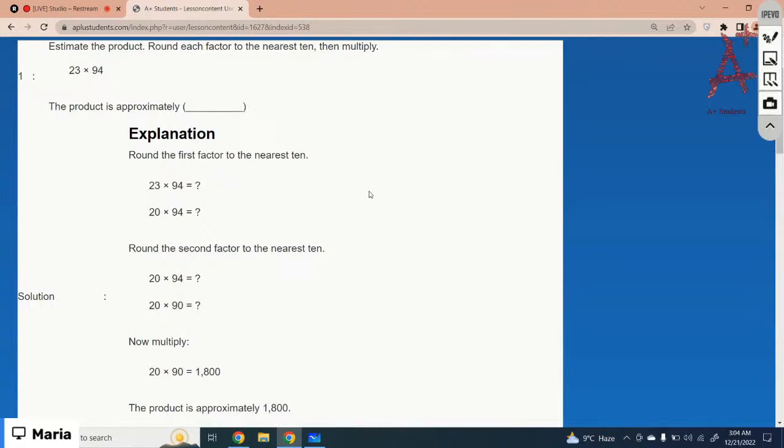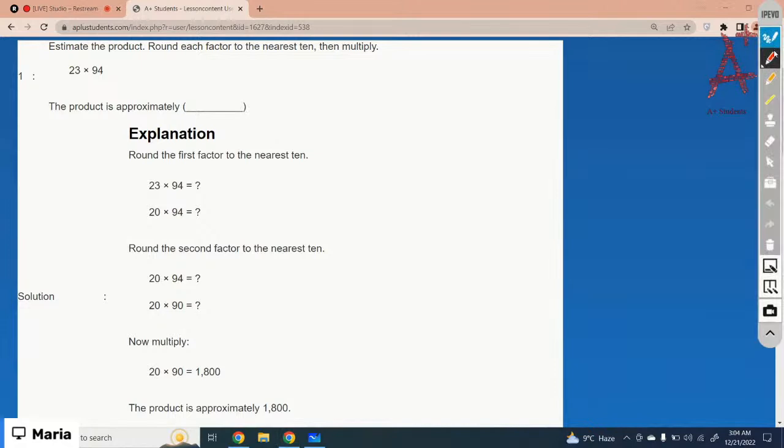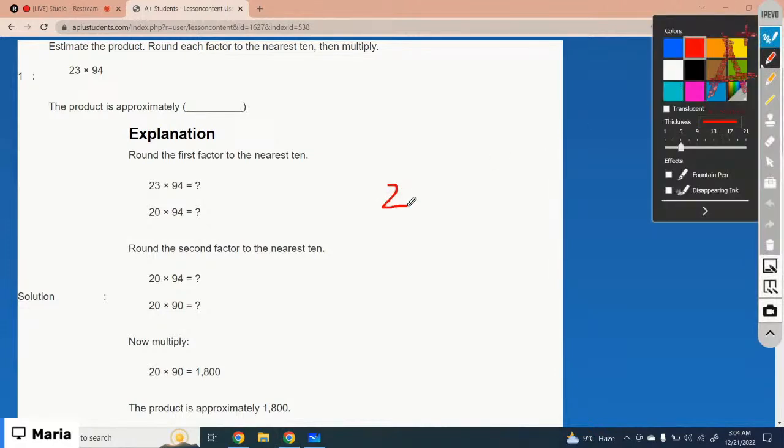So you have to round off 23 and 94. Got it? So let's start with the first one. You have to round off the number 23 to the nearest 10. So which digit is at the tens position? 2 is at the tens position.